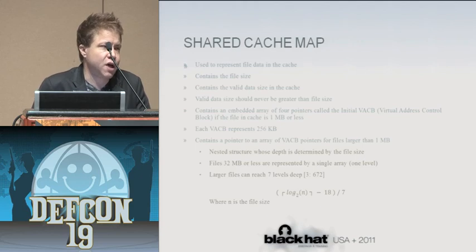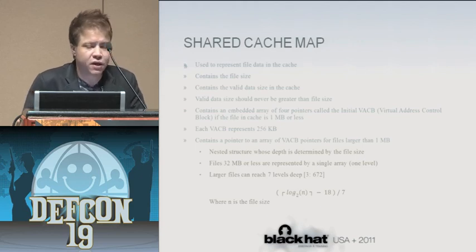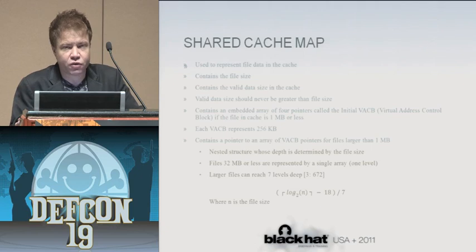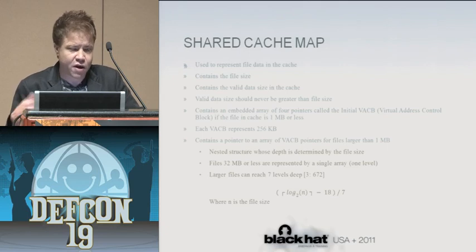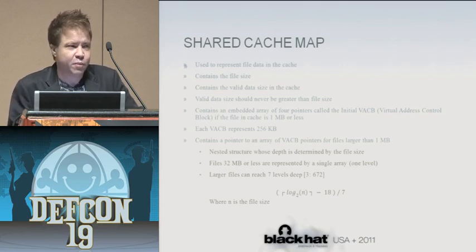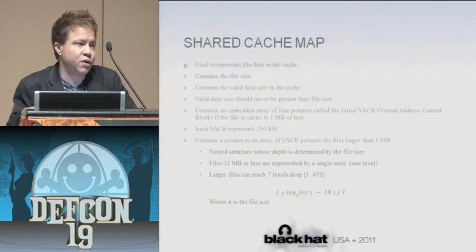So no reason to chase anything. They've just embedded it right there, which works really nice for them because often the things in the cache are less than a meg. Right, you're probably going to have a lot of web images and so forth that are in the cache. They're going to be less than a meg in size, so let's keep it simple. Each VACB, I should mention, represents 256 kilobytes. So if you have 4 of those, obviously you can represent a 1 meg file.